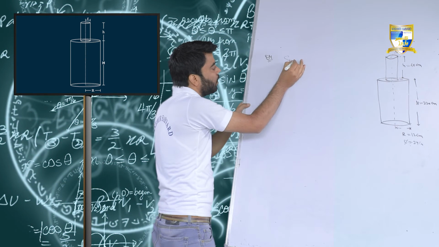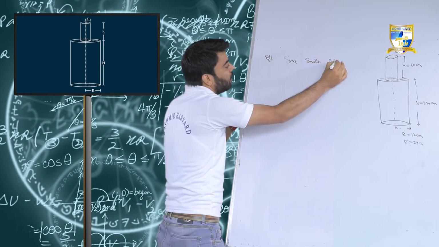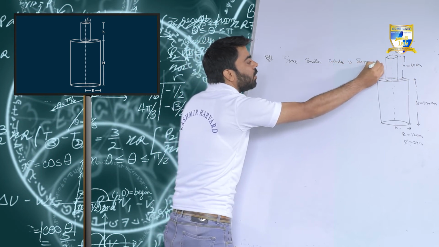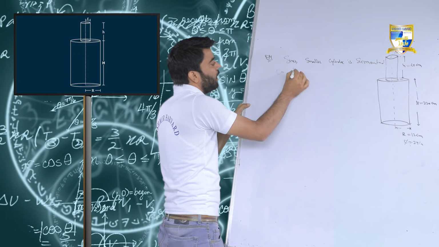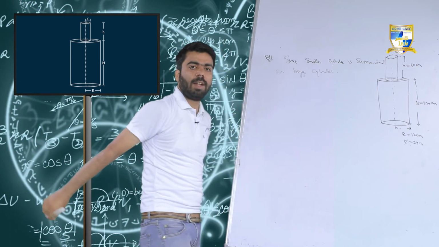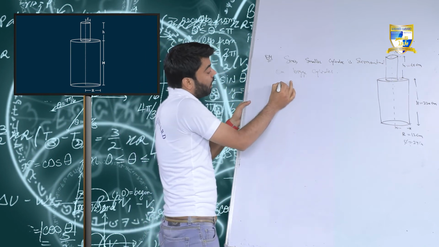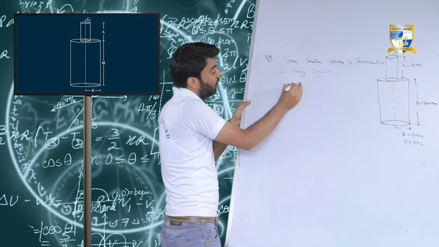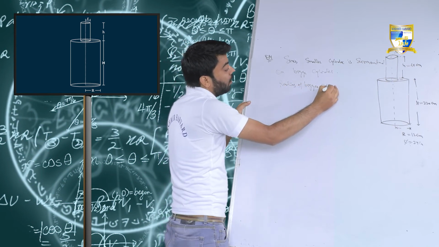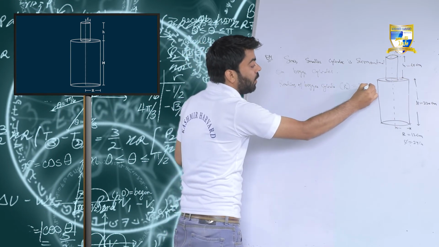So here I will write, since the smaller cylinder is surmounted on the bigger cylinder, right? So we will write the radius of the bigger cylinder, that's capital R, that's equivalent to 12 centimeter.